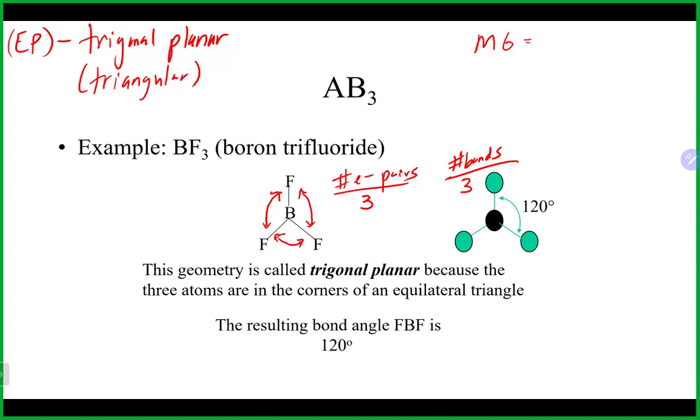So they kind of swing out into the corner here, basically, of a triangle, which is why the molecular geometry name is also going to be trigonal planar or triangular. And it's really because they end up in the corner of an equilateral triangle, basically. And that's as far away as they can get from each other, because now instead of only 2 things being there, we now have 3 things, and they all got to keep sort of their distance from one another. And it has a bond angle of 120 degrees in this case.